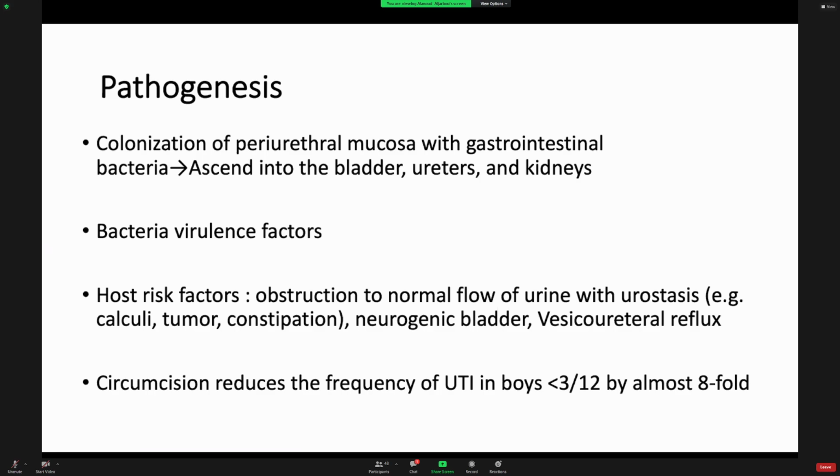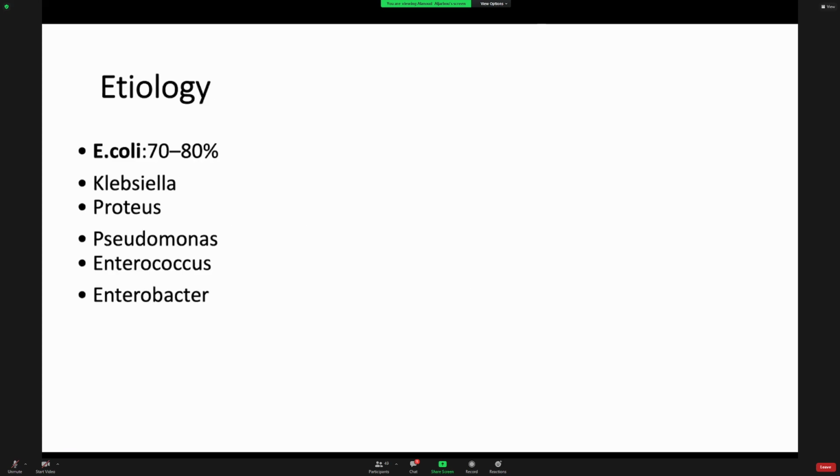There are also host risk factors that help in the pathogenesis of UTI, if the patient has a neurogenic bladder, obstruction, or reflux. Also, in boys, mainly less than 3 months old, if they are not circumcised, the frequency of UTI increases by almost 8-fold compared to circumcised boys.